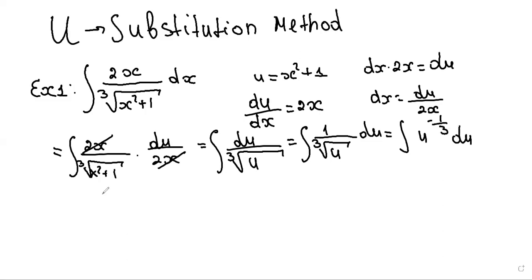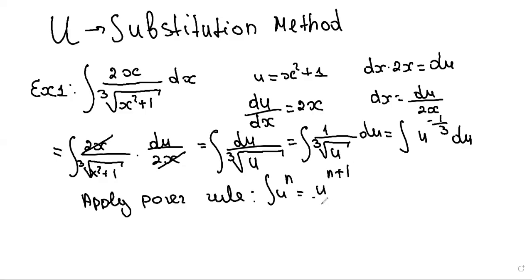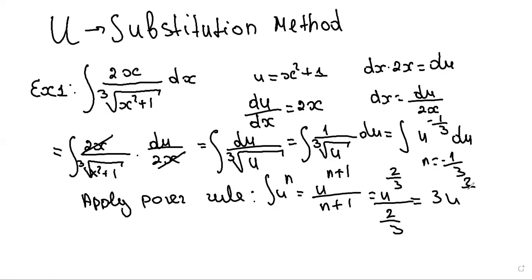Again, we apply the power rule, which is that the integral of u^n is u^(n+1) divided by n+1. Our n here is negative 1 over 3, which gives u to the 2 over 3 divided by 2 over 3, which is 3u^(2/3) divided by 2.